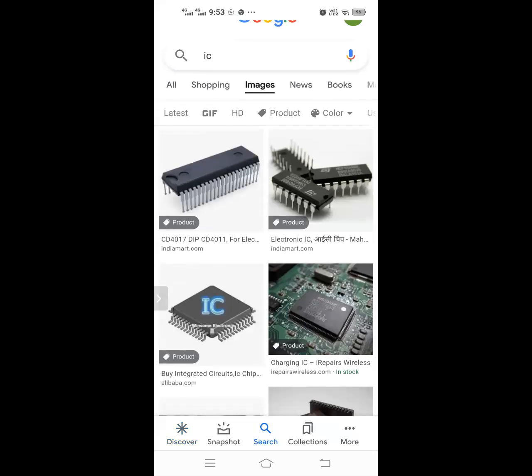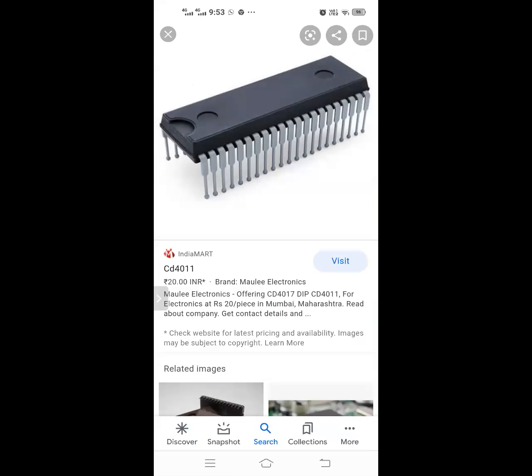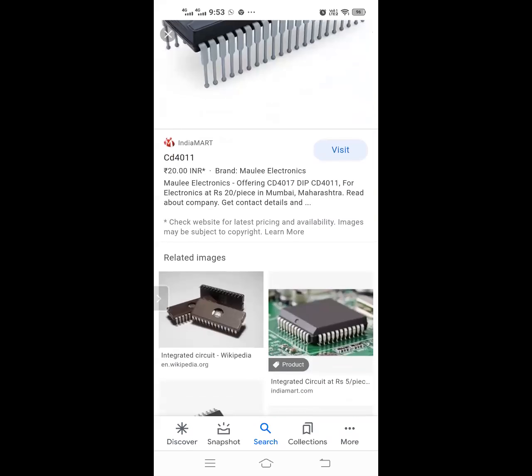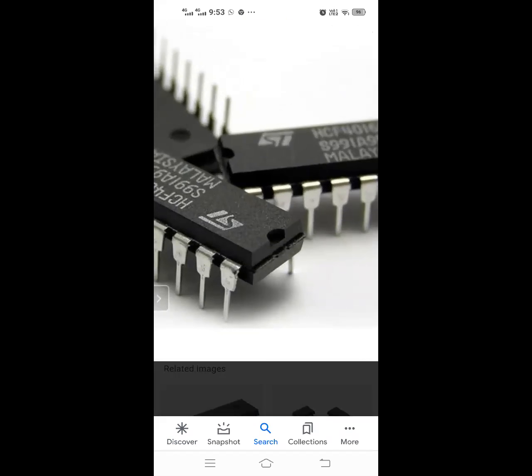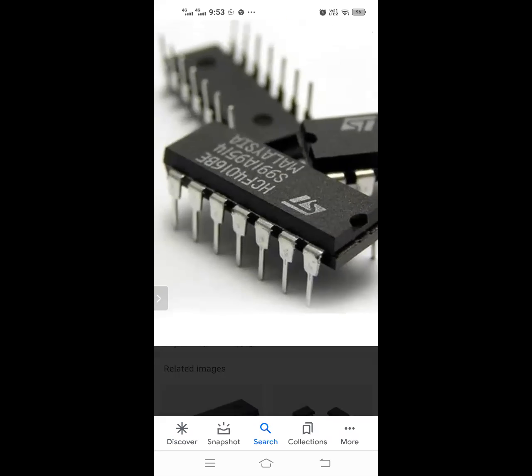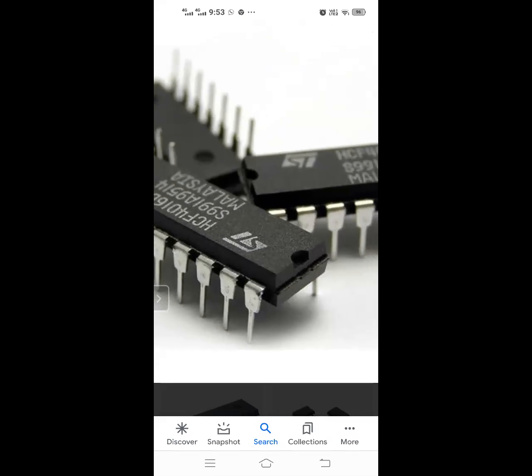See, can you see this? Yes. This is called an IC, or chip. Can you see these pins? There are pins on this side, and similarly on the back side also. On the left side also, on the right side also, it has pins.